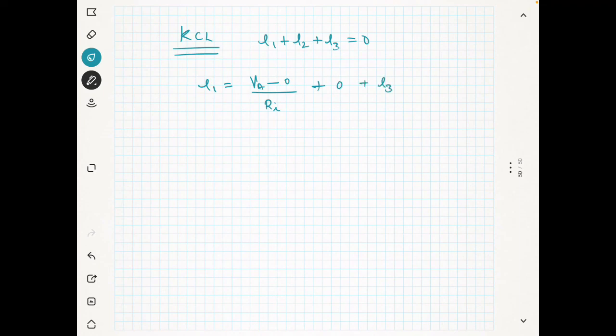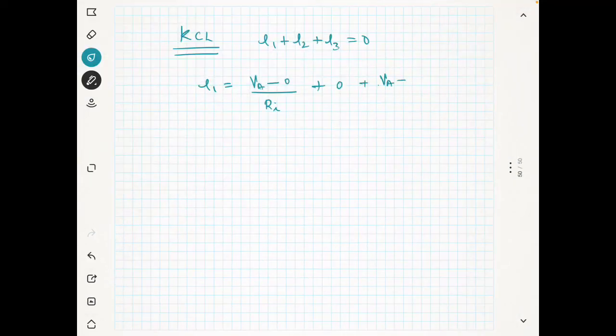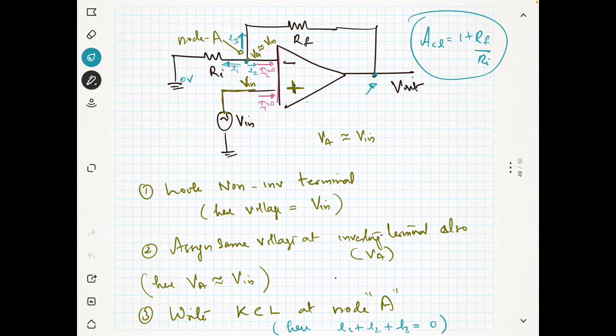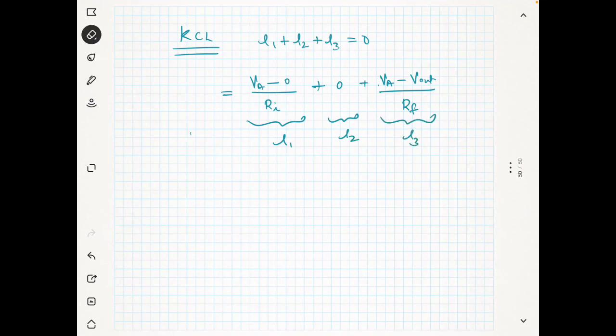And what is I3? You know that this is the voltage VA and it is going here, and this voltage is V out. So we have I3 as VA minus V out divided by Rf. So this is my I1, this is my I2 and this is my I3.